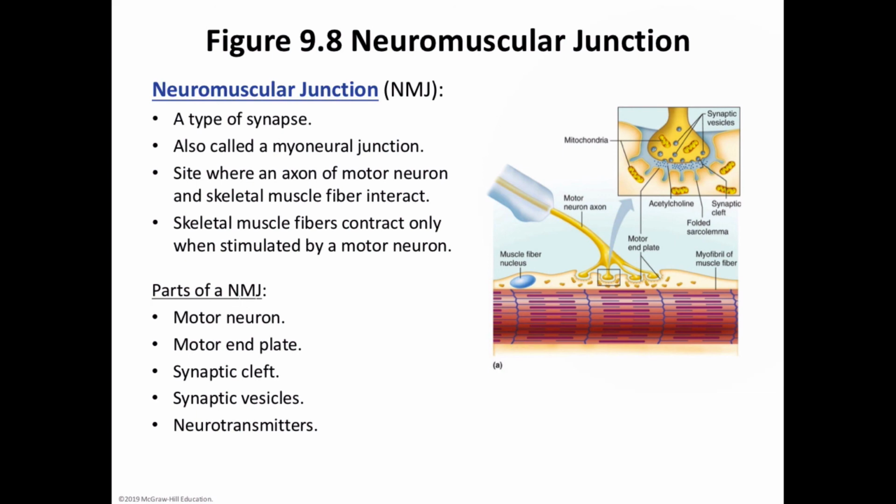I hope I'm going slow enough. What that will then cause is more sodium to enter and further depolarize the sarcolemma and even propagate, meaning cause that action potential to spread in both directions, on and within that skeletal muscle fiber.